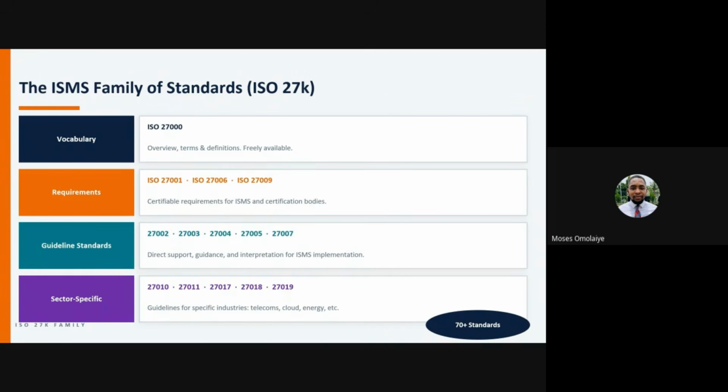So if you're having difficulty, you can just go to the 27002 document, and it could give you guidance. Then we have sector specific, whether it's cloud, energy, telecoms. So some of these are sector specific ISO standards.